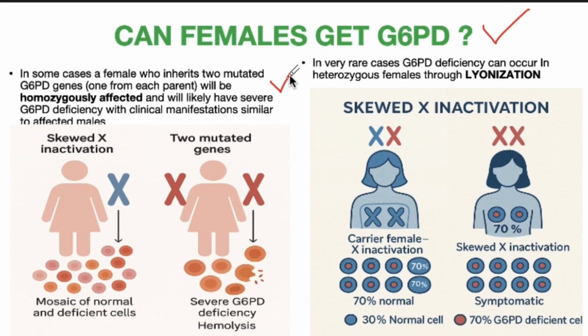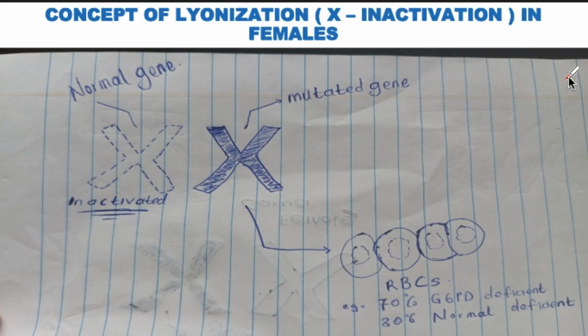More commonly, females inherit one normal and one mutated gene and are heterozygous carriers. Early in embryonic life, one X chromosome is randomly inactivated in each cell. This process is known as lyonization. This creates a mosaic of red blood cells, some with normal G6PD activity and others deficient.